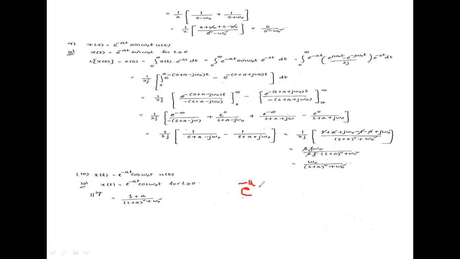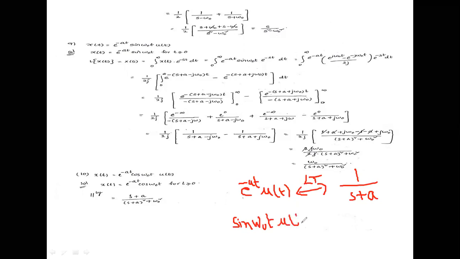The Laplace transformation of e^(−at) μ(t), we know, is 1/(s + a). Now the Laplace transformation of sin ω0t μ(t) is, as I told you, for sin the numerator is a constant ω0 over s² + ω0².